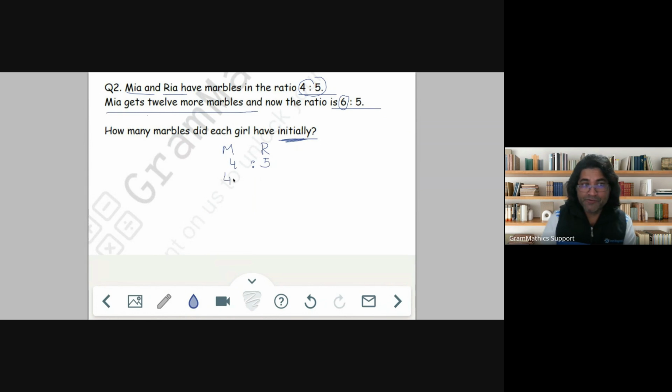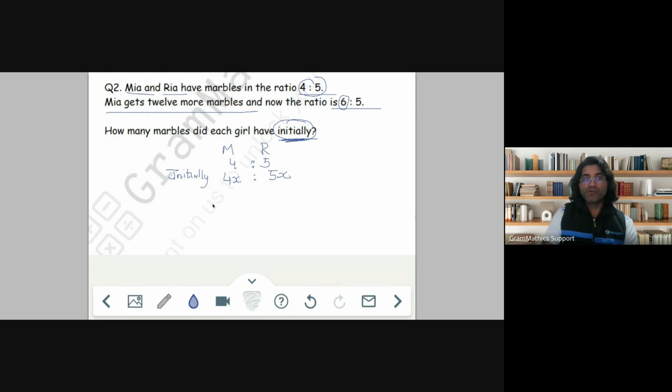So Mia becomes 4x and Ria becomes 5x. This is initially. The question says initially. Why do I write this? So that when I get the answer, I get my x back here, calculate it, and I'm able to answer what they have asked initially. So initially 4x and 5x. We are okay till this stage?